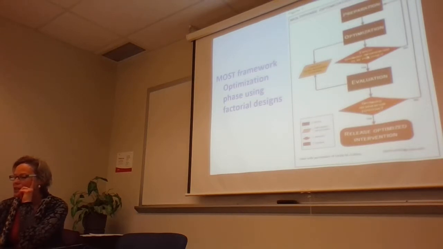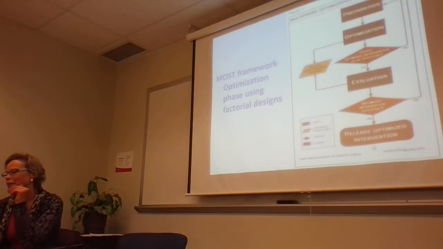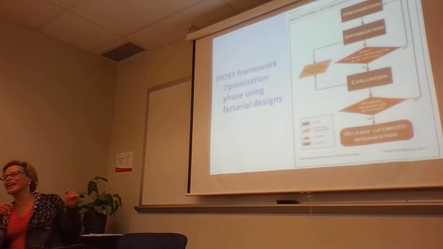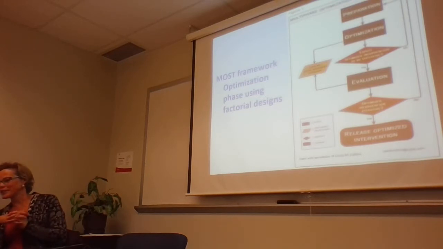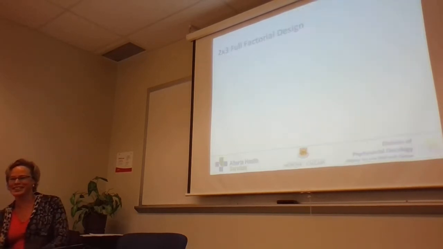If it is, meaning that it actually achieves the clinical outcome that you predetermined, then you move into the evaluation phase. And if it's efficacious or effective in an RCT, then you're supposed to release it. So we're going to get to what happens after you release it in a few classes. That whole idea of dissemination and implementation is a big issue too. I guess maybe the people who did MOST weren't thinking about that. They were just trying to get the best intervention.